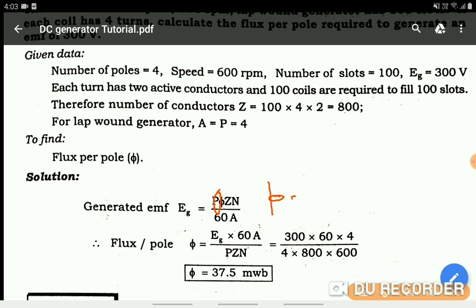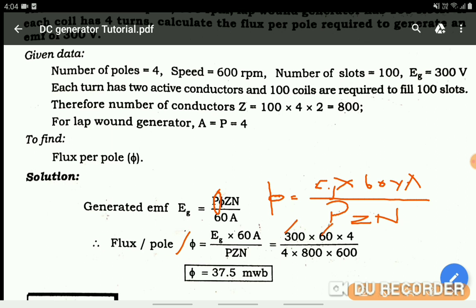Phi is equal to EG into 60 into A divided by P Z N. This is what is given. It is a mere rearrangement of the expression and substitution of all the values.